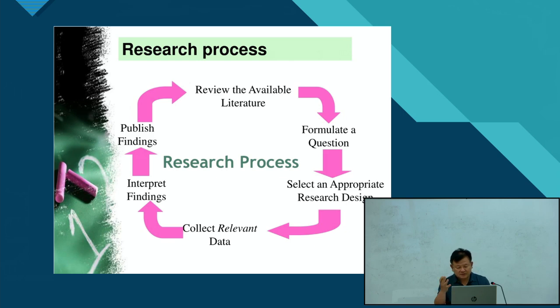And the next stage is to formulate a question. What do you want to know? Also, how do we formulate the questions, and select an appropriate research design. There are many kinds of design, so later we will review that.